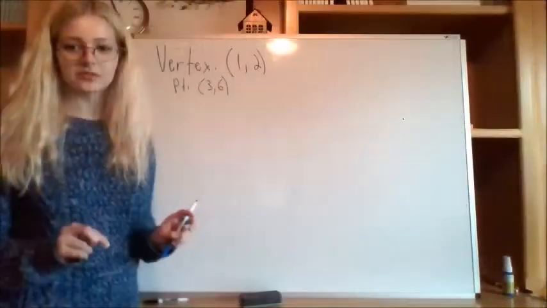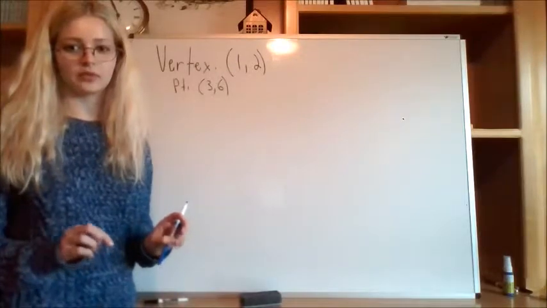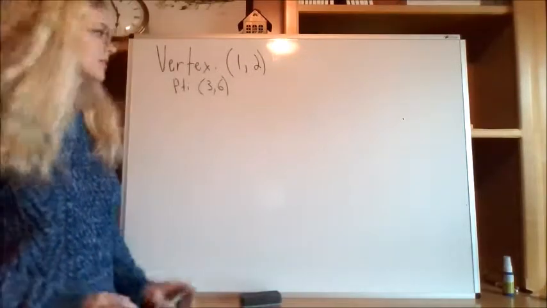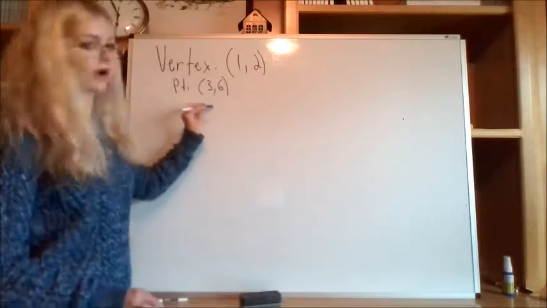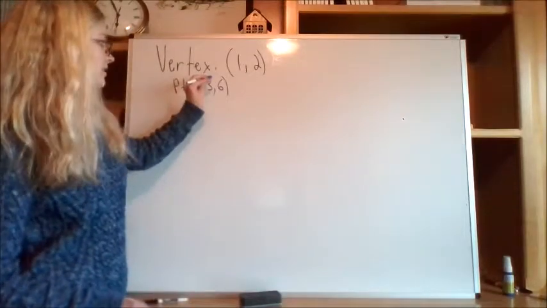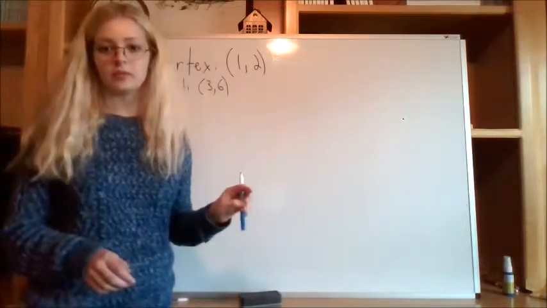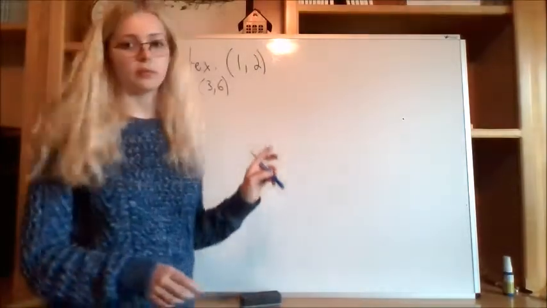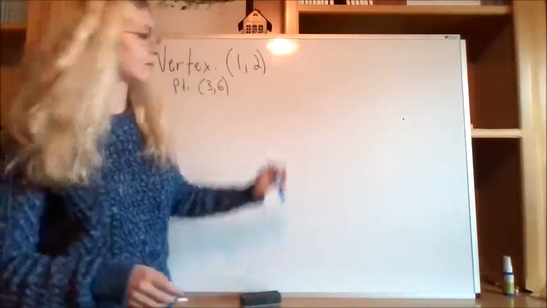Okay, so we can also find the equation of a parabola through vertex form. And to do this, we have to be given a point and a vertex. So to form this equation, we consider the parabola in vertex form.